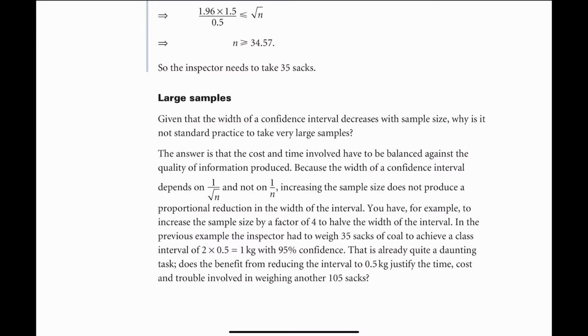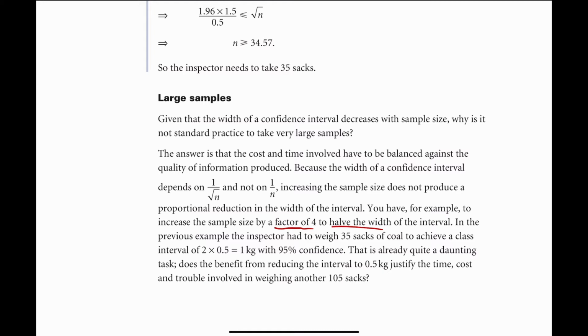Because it's root n, what you have to consider is that if you want to halve the width of your confidence interval, you'd actually have to do a factor of 4, okay, to halve the width. Because if you put 1 over root 4, that's halving the actual overall confidence interval. So is it worth taking 4 times the size of a sample to reduce your confidence interval by a half?